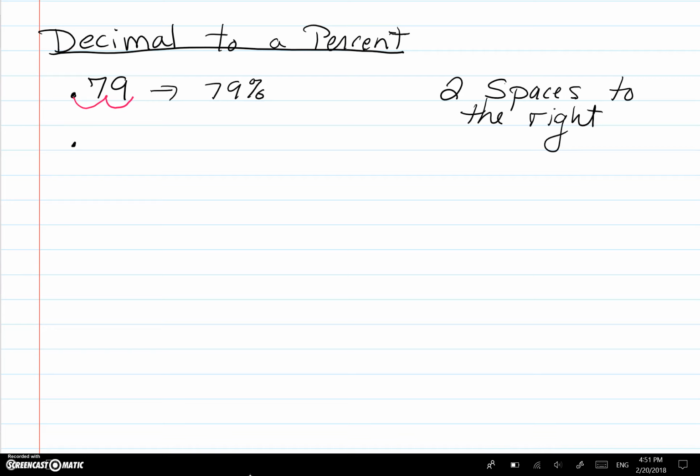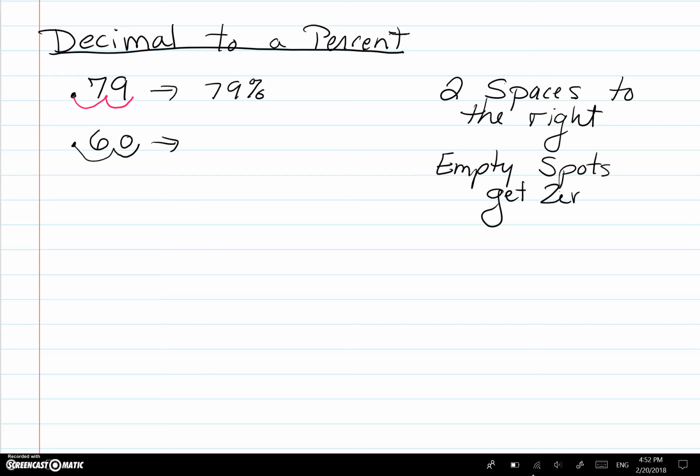What about if I have 0.6? Well, again, it has to move 2 spaces to the right. 1, 2. Empty spots get zeros.